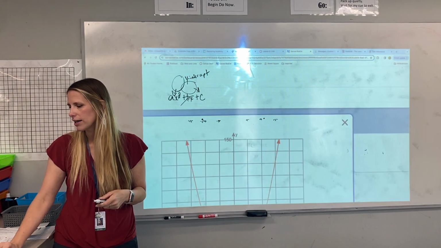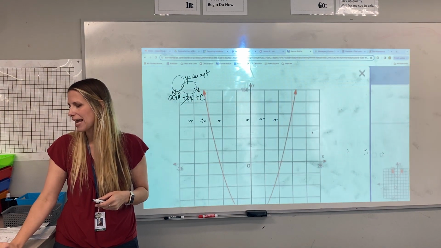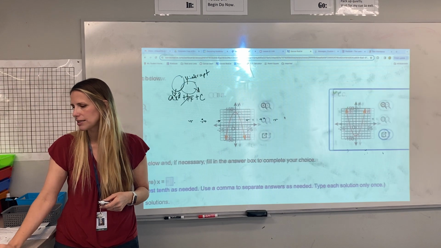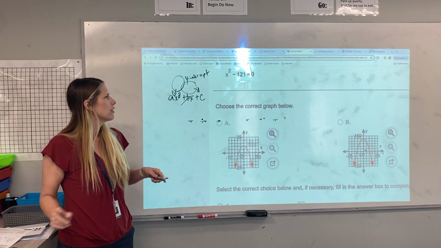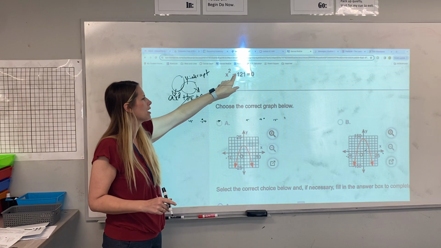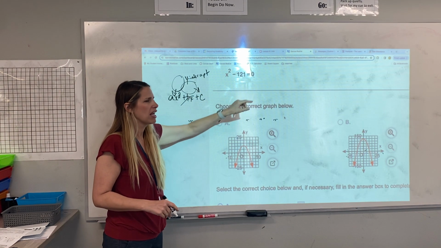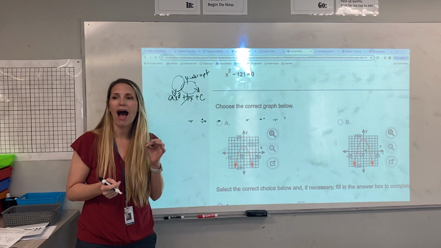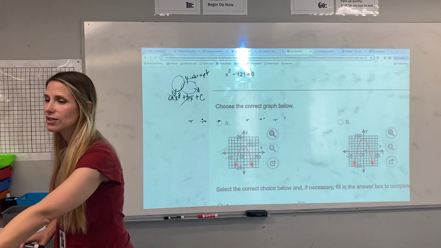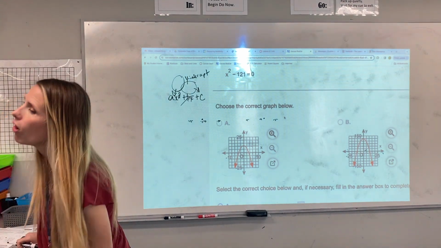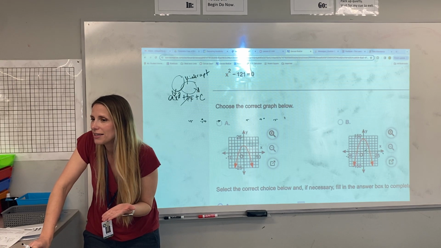So another way to determine it exactly is to use a table by saying, well, if the equation is x squared minus 121 equals 0, if we want the y value to be 0, and we always want our y value to be 0.